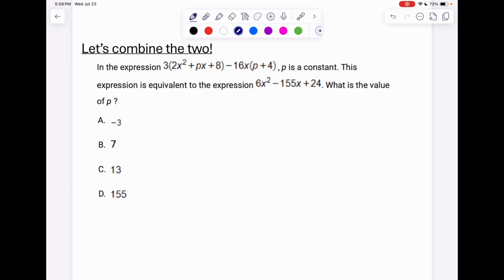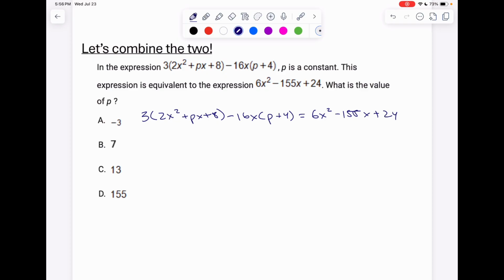So if we're looking for that, you guys might remember this problem from the plug-in or back solve drills, because absolutely you can go ahead and just pop in the answer choices for p and see which one gives you the right thing. But we also know that these things are equivalent. 3 times 2x squared plus px plus 8 minus 16x times p plus 4, we know that that equals 6x squared minus 155x plus 24.